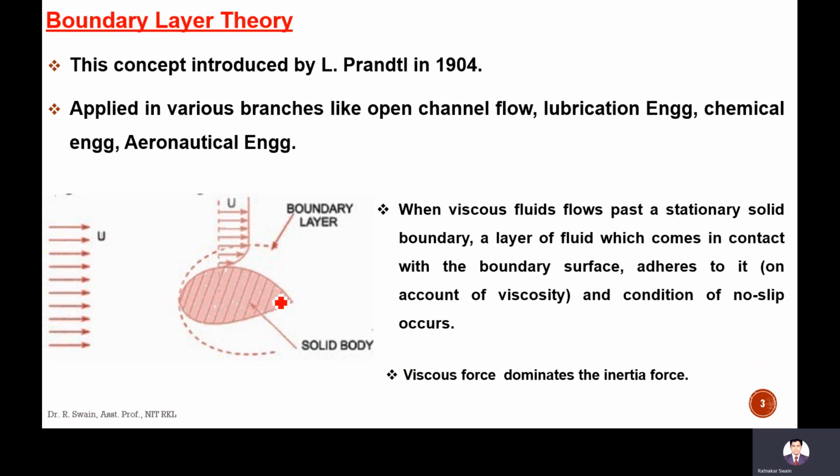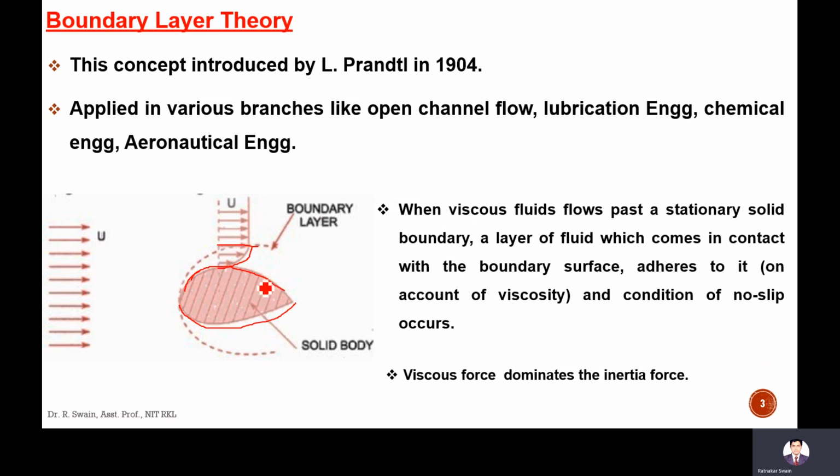Or in case of an open channel or river, the river bed is the boundary, or the bank is the boundary. When it passes a boundary like here in this figure, there will be some impact of this boundary on the flow. The layer on which there will be impact is called the boundary layer.